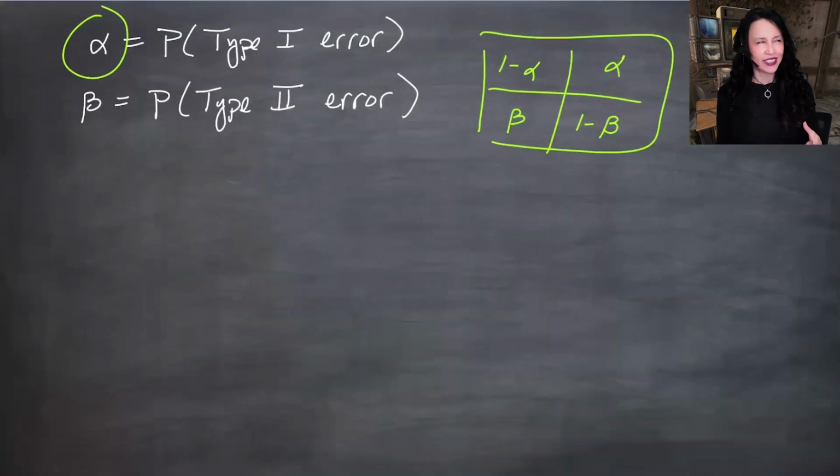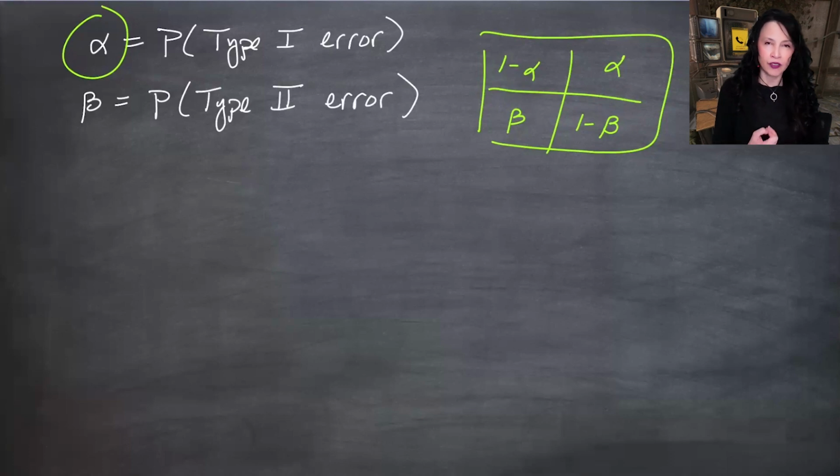So here's where it gets good, and here's where, unfortunately, I am out of time. These errors are going to be given to you by the person invested in the problem. Someone will come to you as a statistician and say, can you do a hypothesis test for me? And this is the amount of error I'm willing to accept. So someone's going to give you an alpha and maybe a beta as well.